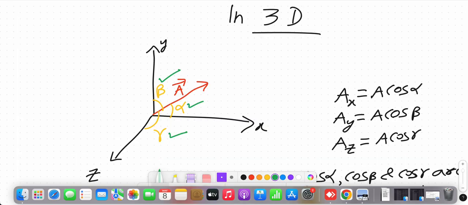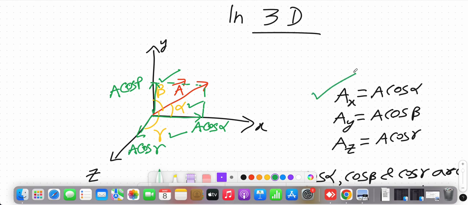Great. Now, in this case, the component of A along the x axis is A cos alpha. The component of A along the y axis is not A sin alpha, this is A cos beta. And the component of A along the z axis is A cos gamma.